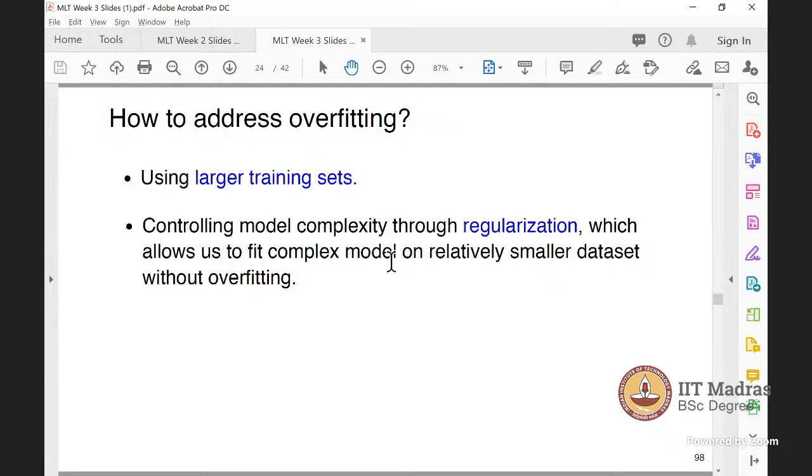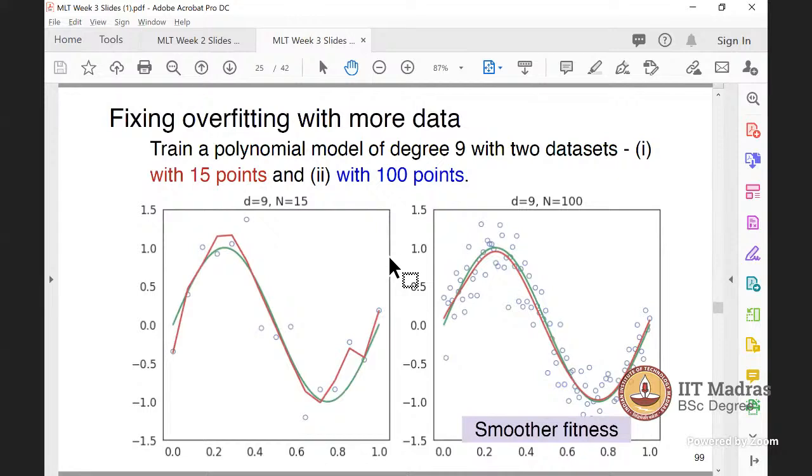Now, how can we address the overfitting? There are two ways to do this. One is use larger training sets. The other one is use regularization. For example, if we increase the size of the training set, we go from a model on the left hand side to a model on the right hand side. You can see the right hand side model is more representative of the pattern in the data.